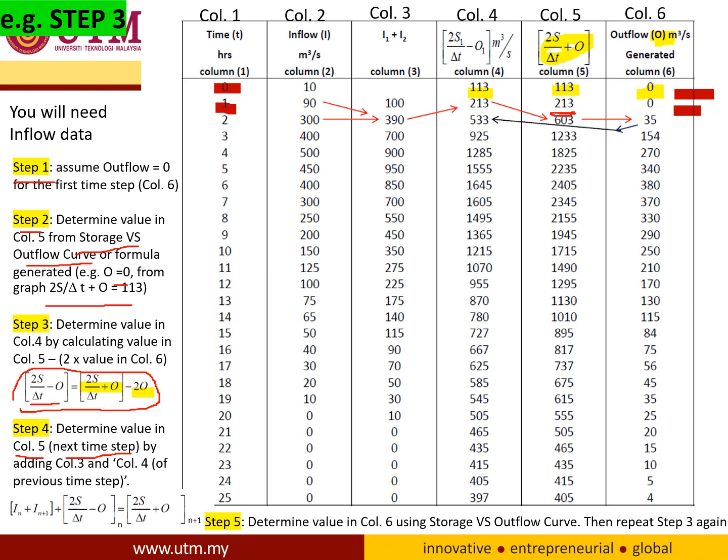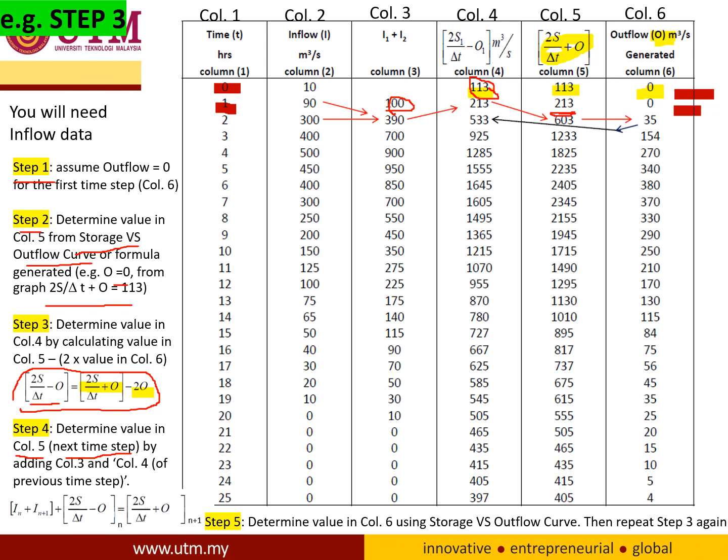Okay, so how do you do that? By adding column 3 and column 4 of the previous time step. This is what we call the continuity equation.